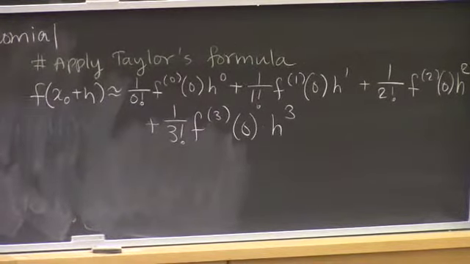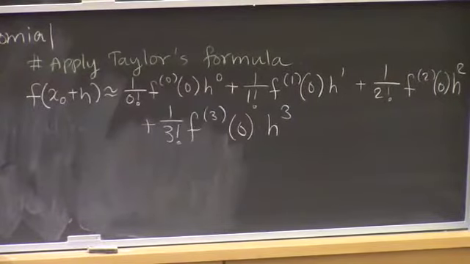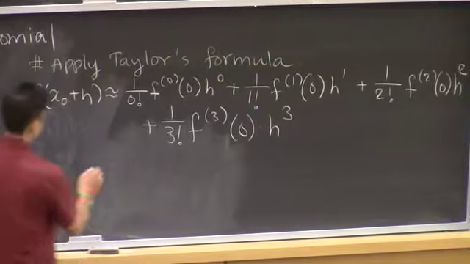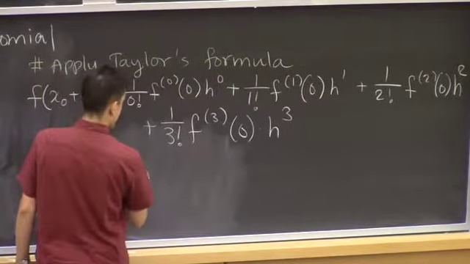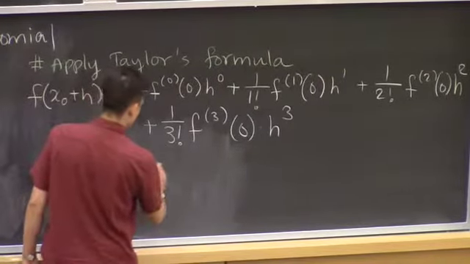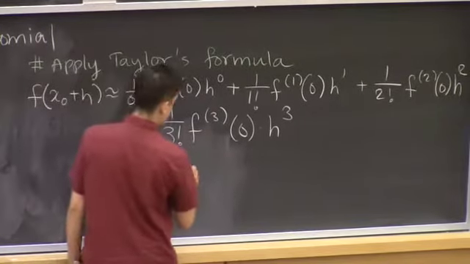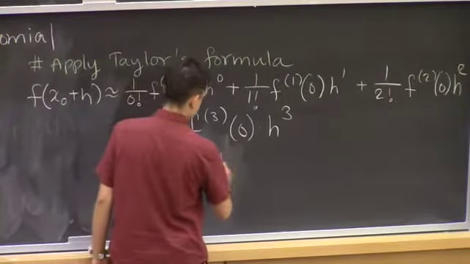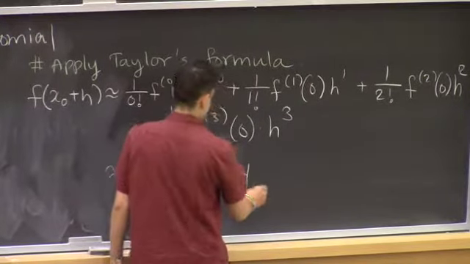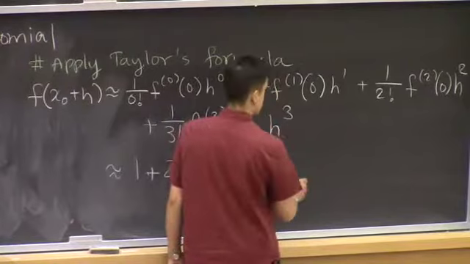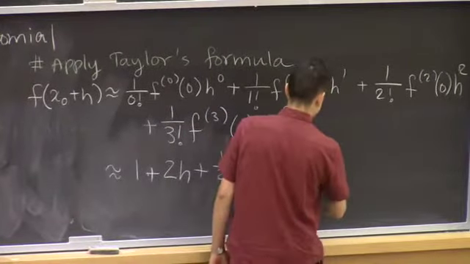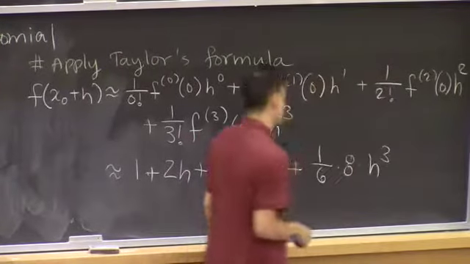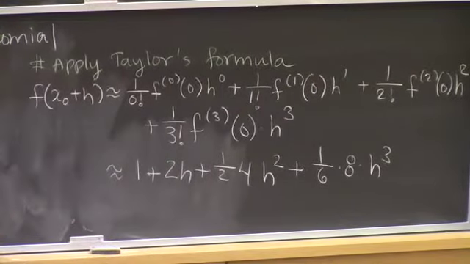Right, so we write out our approximation just up to third order, and then we plug in our values one by one. So we get 1 plus 2h... Okay, so we get the following.